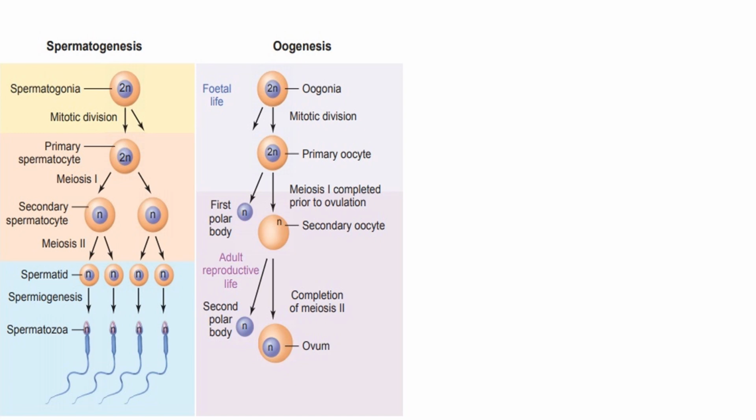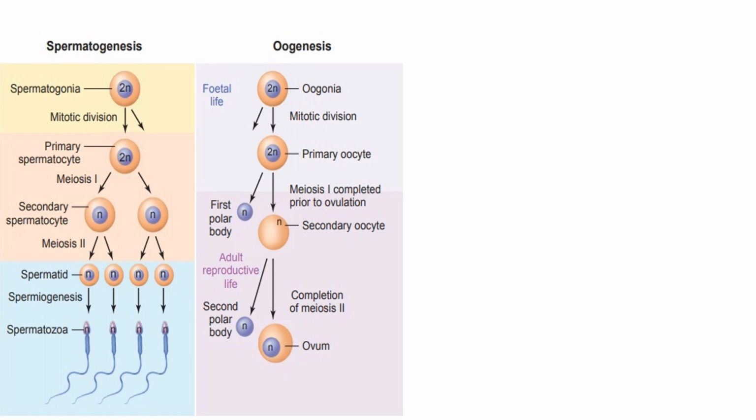It starts at puberty and occurs till death, whereas oogenesis has a fixed number of follicles. Only about 400 to 500 mature follicles are present at the time of puberty, and after menopause there is no further production of gametes.